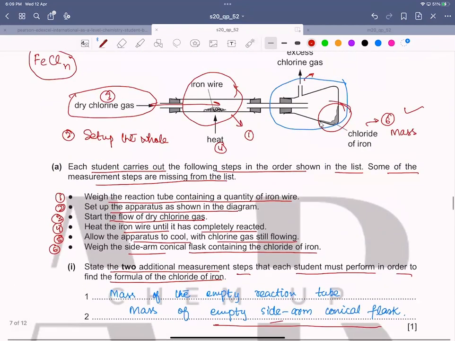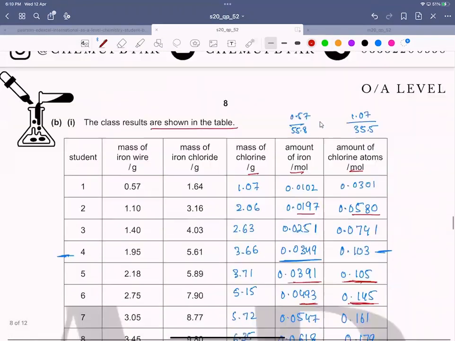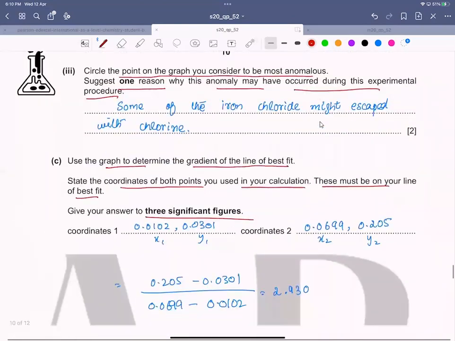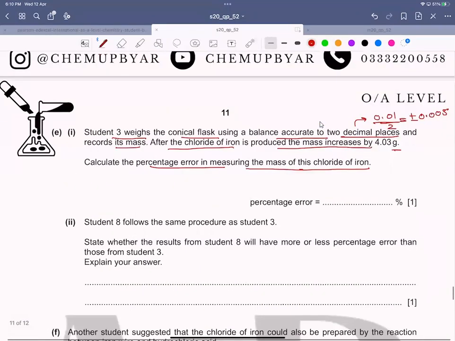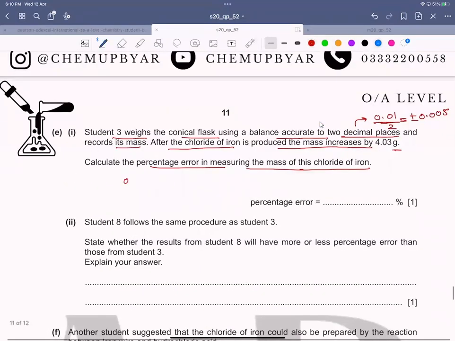And then when the chloride is formed, we weigh it again. So we are taking the mass twice and subtracting the two masses to get the mass of the chloride of iron. So the error would be 0.005 in the first reading only, and we have taken two readings, so it must be times 2, divided by the total mass, that is 4.03, multiplied by 100. Now calculate it and find the percentage error.